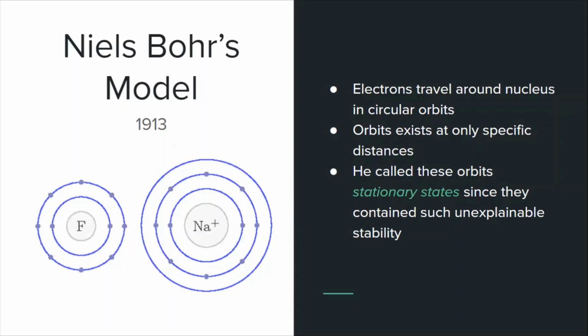And he called these orbits stationary states since they contain such unexplainable stability. They're very stable orbits. Like I said before, since there were specific distances that didn't change, they became stable.